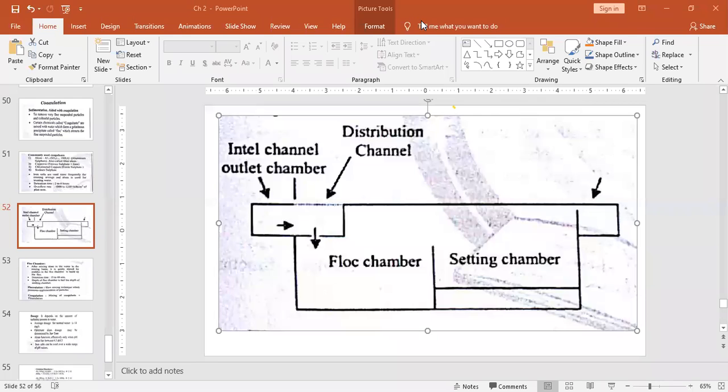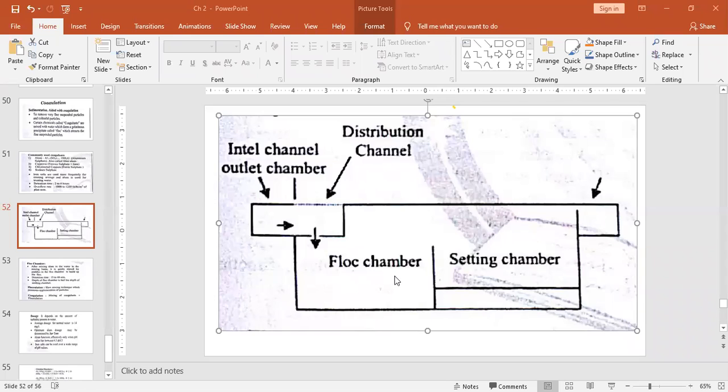In sedimentation with coagulation, we can add coagulants which start reacting and neutralizing the charge present on the particles, and hence multiple particles start coming together and convert into flock. So in this chamber, water and coagulant in liquid form can be added.